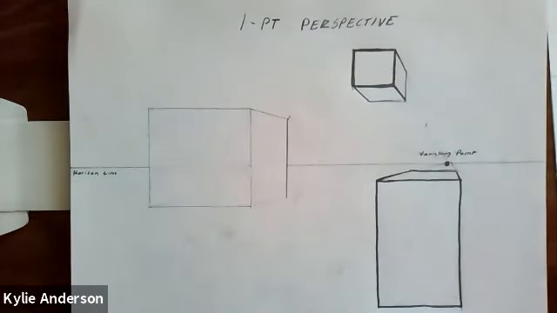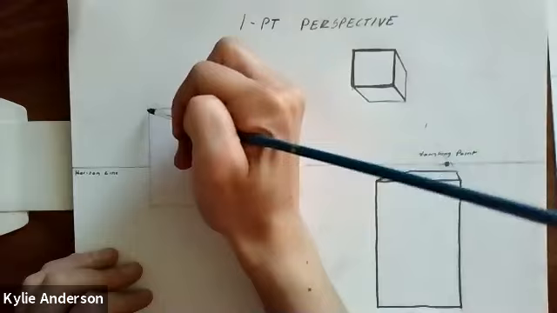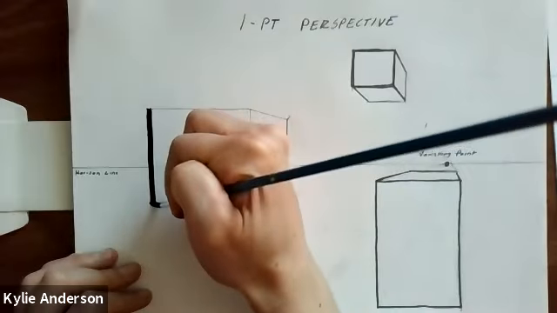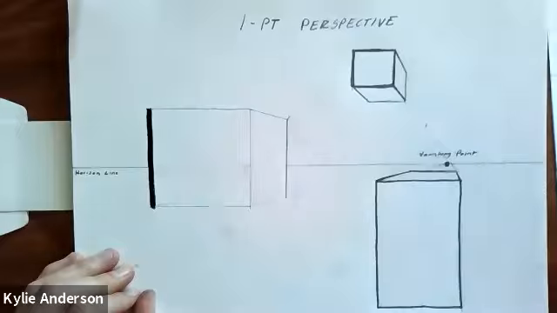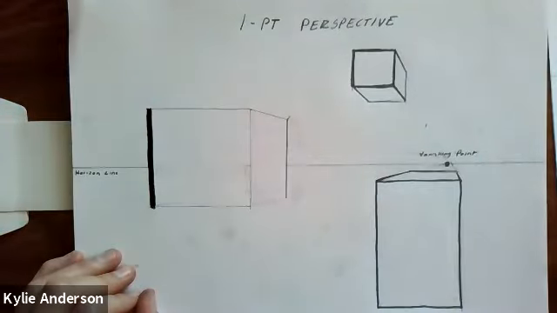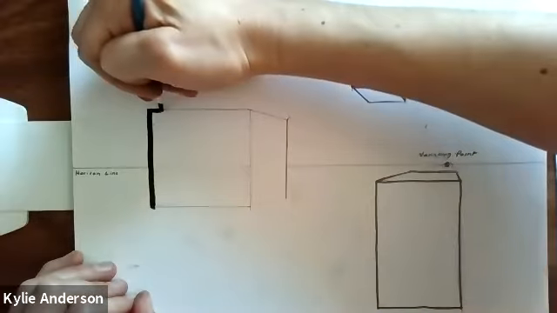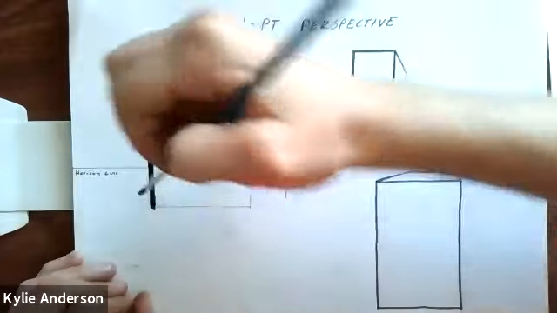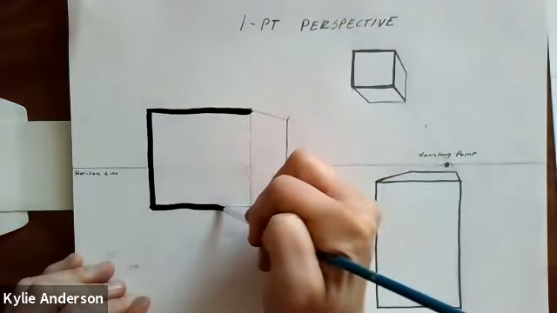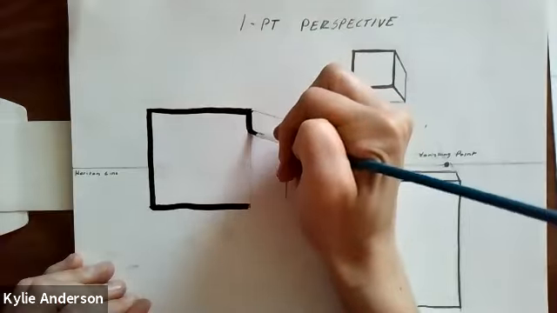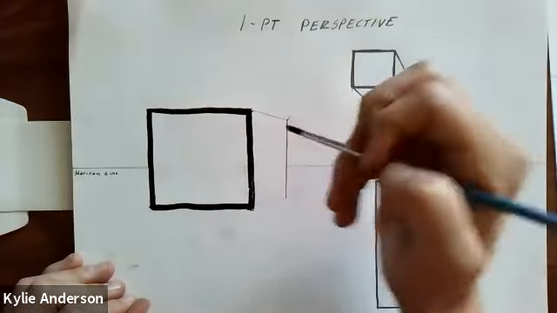For fun, I'll try some ink on this third cube. And you could certainly continue to use a straight edge at this point if you wanted really perfect lines.